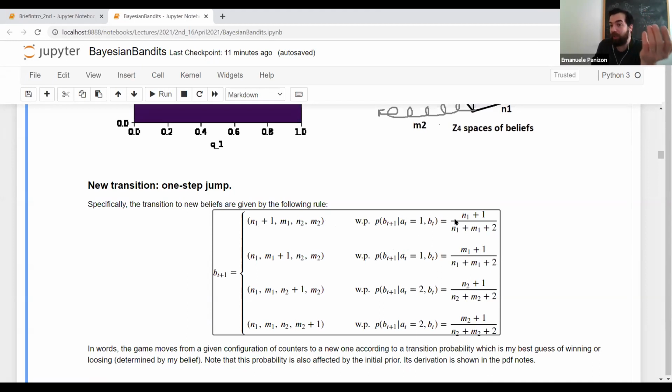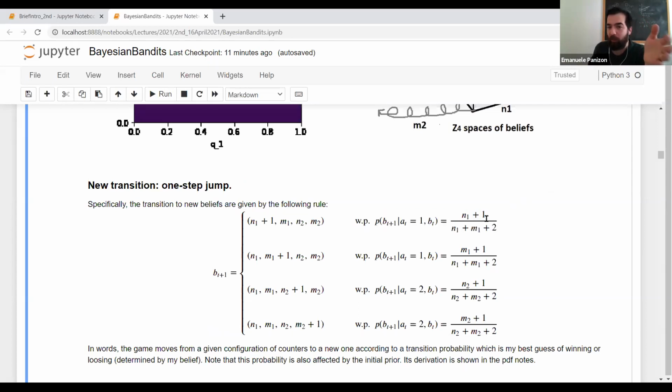Well, it's actually given by the average probability, which is given by this formula here: N1 plus 1, which is the past pseudo counting of successes, divided by N1 plus M1 plus 2, which is the old pseudo counting in a sense.